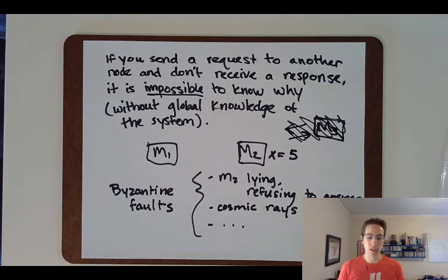So how do real systems deal with this? In reality, what M1 has to do if it's sending a message to another machine is have some sort of timeout. So what's a timeout?